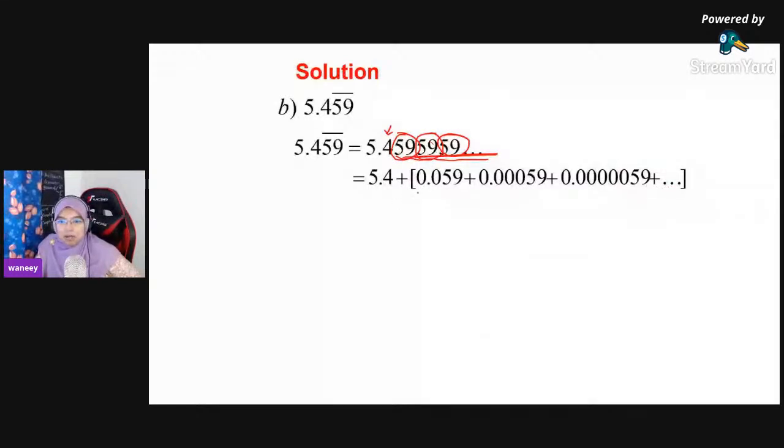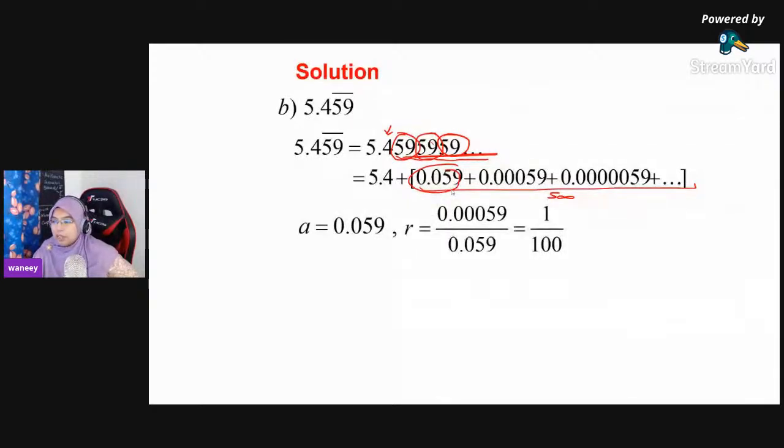So we have to calculate S infinity for this term. Find out the first term. The first term is definitely this one. Then find out the common ratio. The common ratio is 1 over 100. Now substitute into the formula, a over 1 minus r.